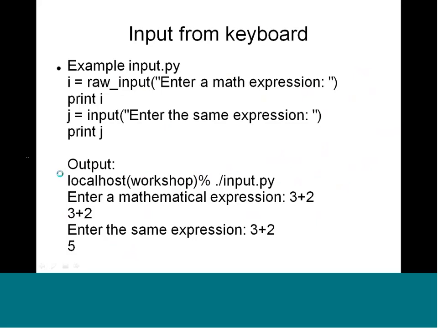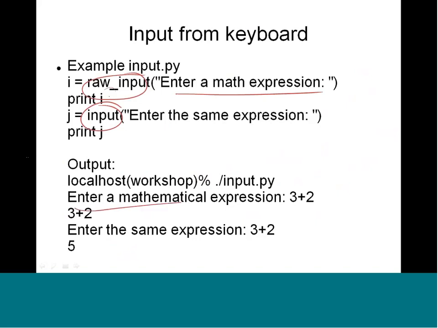Now let's look at how we gather input from the keyboard. For this we use this particular function, raw_input, or we can also use just input. So let's see how we can make use of this. I equal to raw_input, enter the math expression, and then we print i.